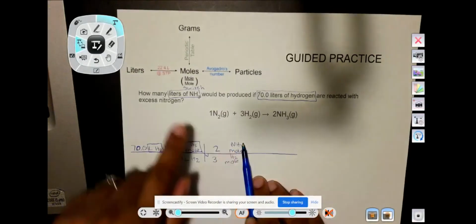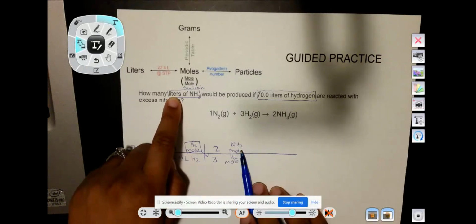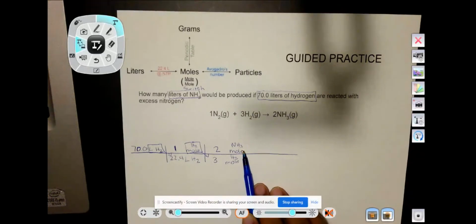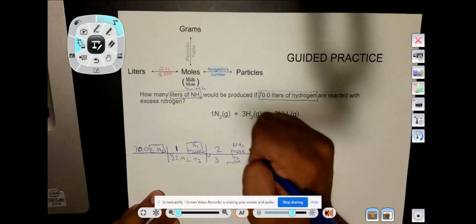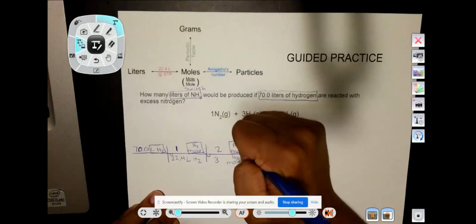But if we look at our question, we're like, okay, what is the question asking for? The question is asking us for liters of NH3. And we're not there yet. We're at moles of NH3. So my last step is converting from moles of NH3 to liters of NH3. So I'm going to take my NH3 and bring it down.